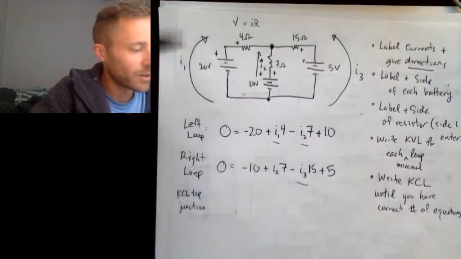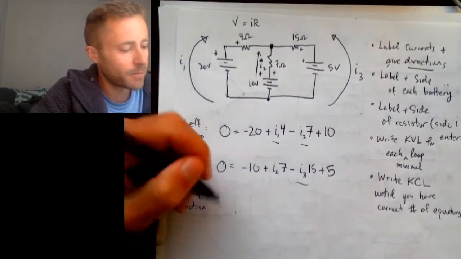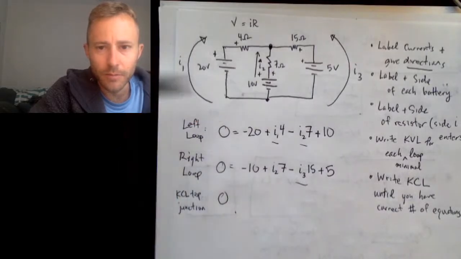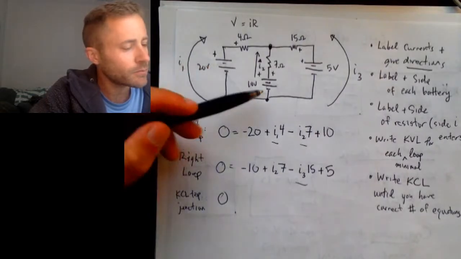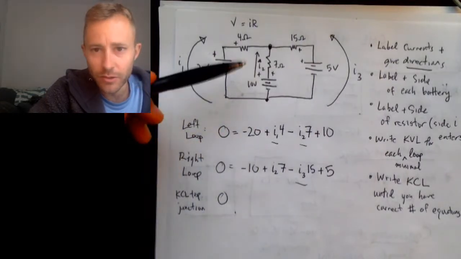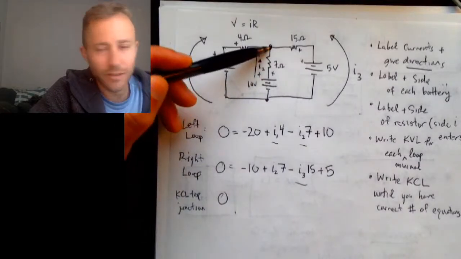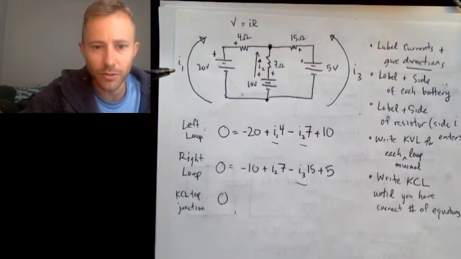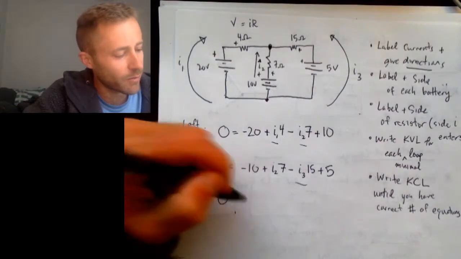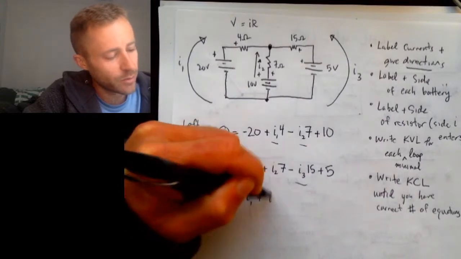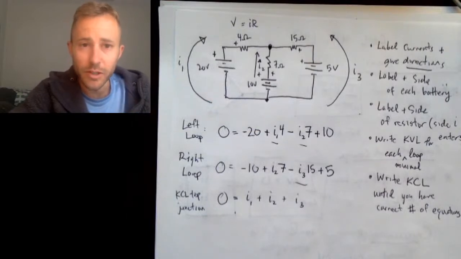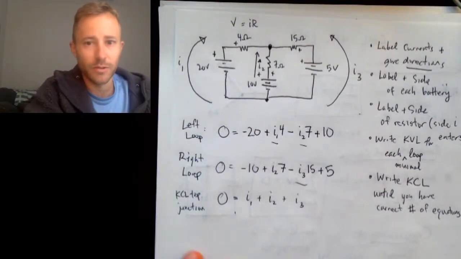So I can see that according to my way of labeling the currents, all three currents are going into the junction. So that means that they're all positive. So I have I1 plus I2 plus I3 equals 0.